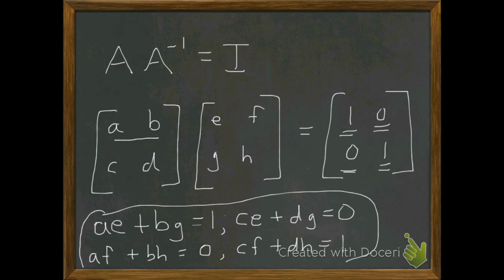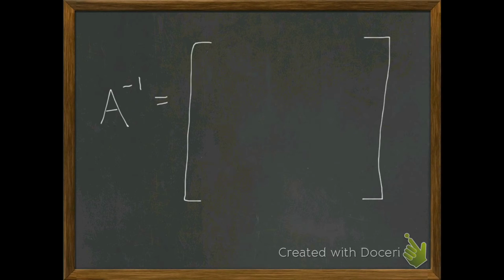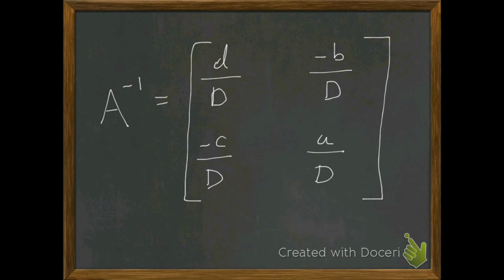Using this, it turns out that we can easily find the inverse. I'm going to write really big because there's a lot going on here. By taking D over D, negative B over D, negative C over D, and A over D. We can check that out.